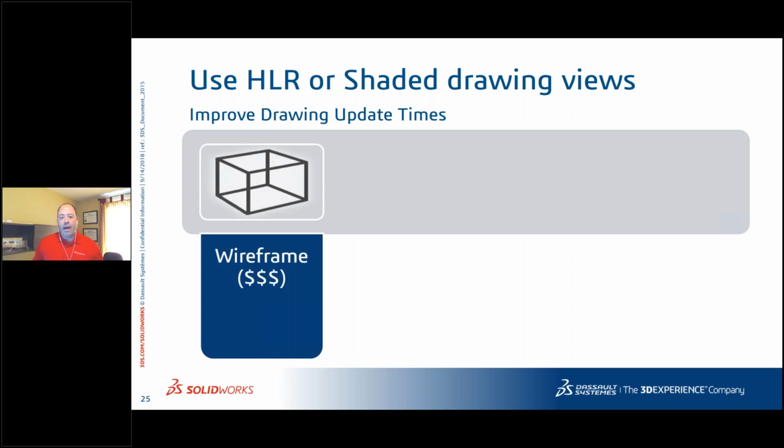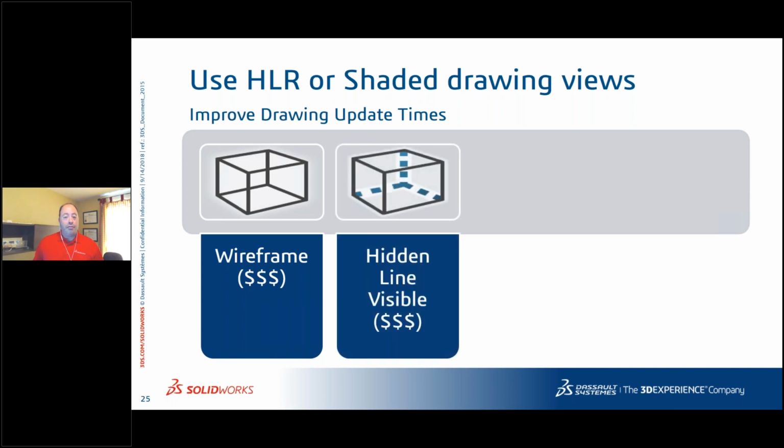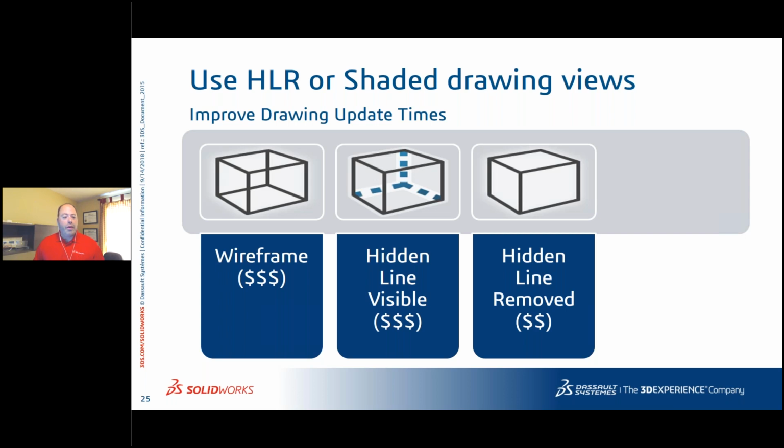So first of all, I've got a part that's a wireframe. That costs actually in computing or display, it actually costs a lot, let's say, to SOLIDWORKS, because there's a lot of things to paint on the screen. By comparison, a view with hidden line remove is quote unquote cheaper to display on the screen.